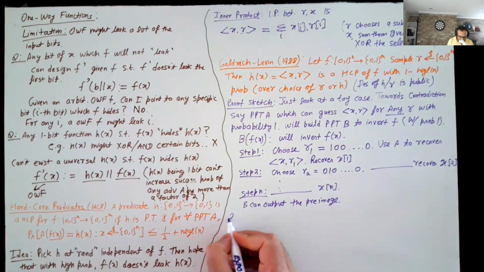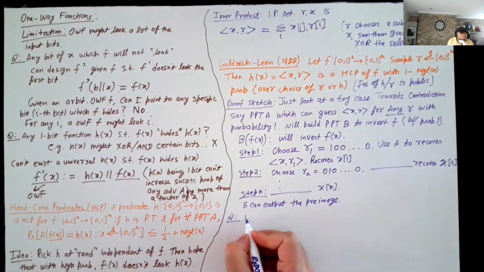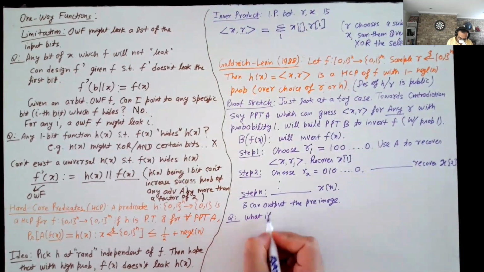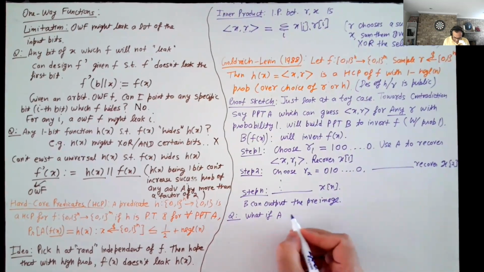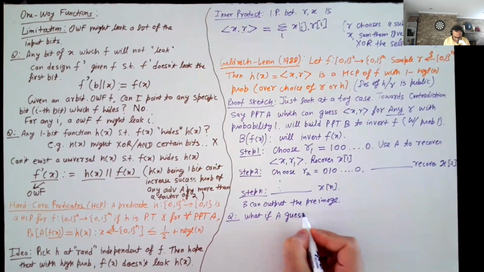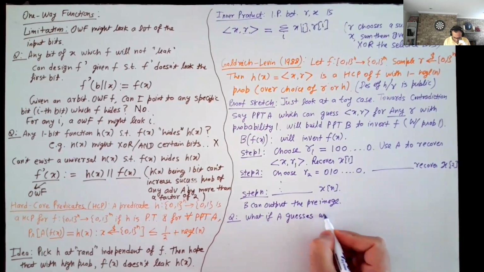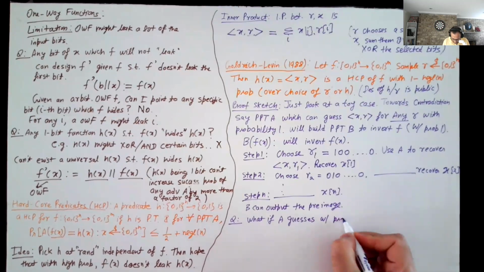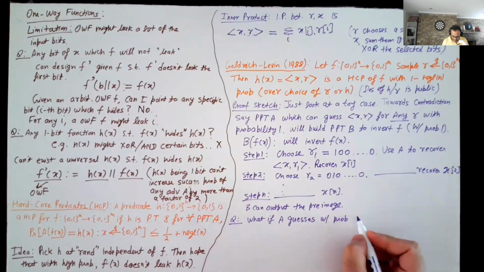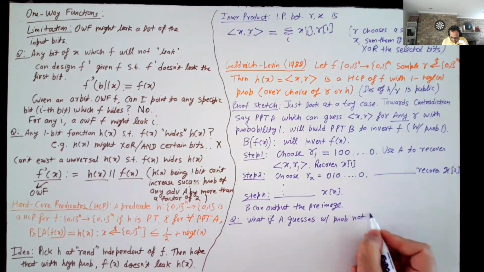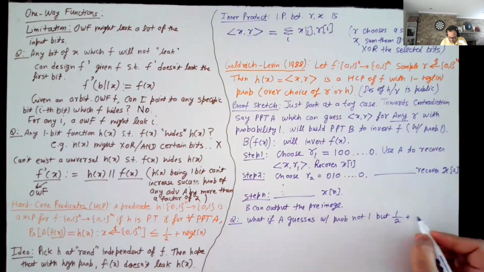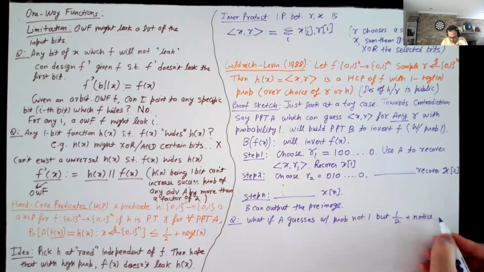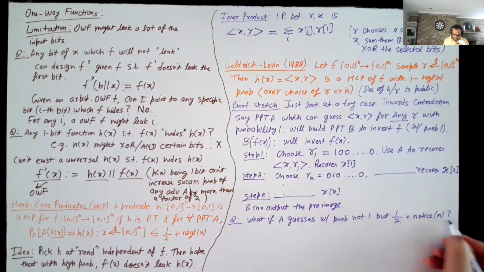Now the question is, what if A guesses with probability, let's say not 1, but let's say half plus noticeable of n, right?